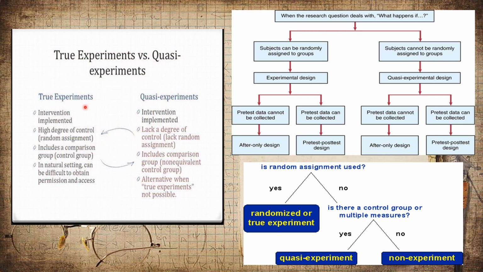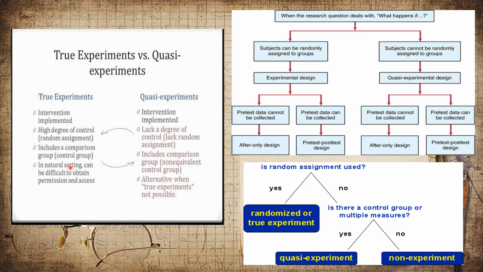Next, both in true and quasi-experiments, you will implement an intervention or treatment. In true experiment, there is a high degree of control because of random assignment. In quasi-experiment, it lacks a degree of control because of the lack of random assignment.